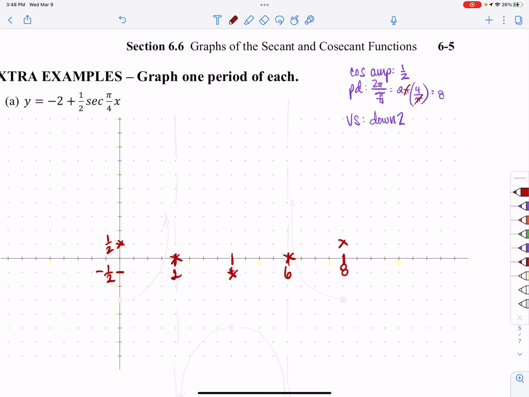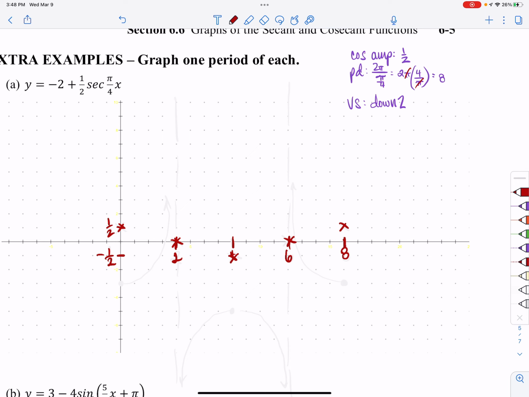And I'm going to take all 5 of my majors and I'm going to shift them down 2 units. Okay. So remember that a block was worth just a half a unit. And I need to shift all the way down 2. So just keep that in mind. All right. So my asymptotes are going to be at 2 and 6. And when you shift asymptotes down, they still look like the same asymptotes that they did originally.